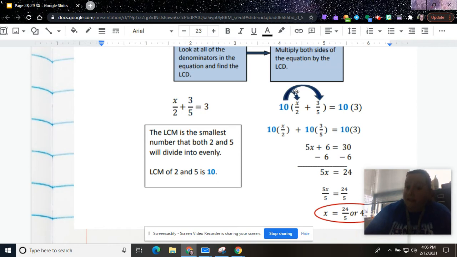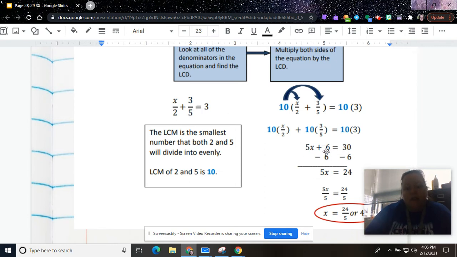Well, if you're going to multiply the left by 10, you got to multiply the right by 10. 10 times 3 is 30. Now, doesn't 5x plus 6 equal 30 seem a lot easier to solve than x over 2 plus 3/5 equals 3? It's the exact same equation because you just changed it around. You manipulated the equation to make it easier to solve by busting out the fractions.